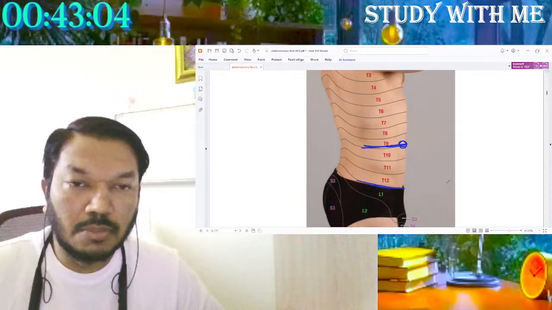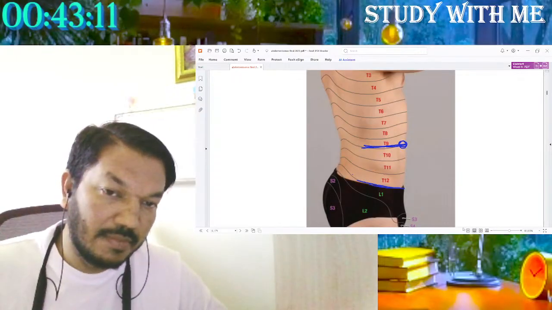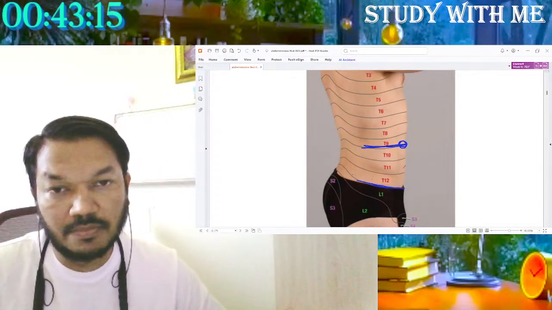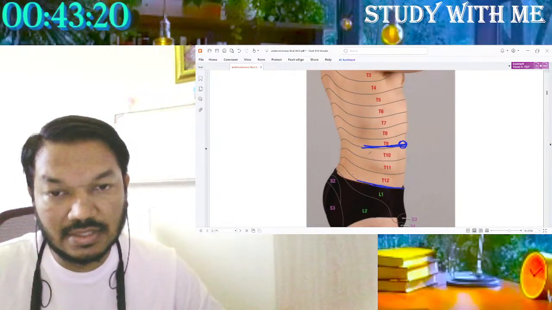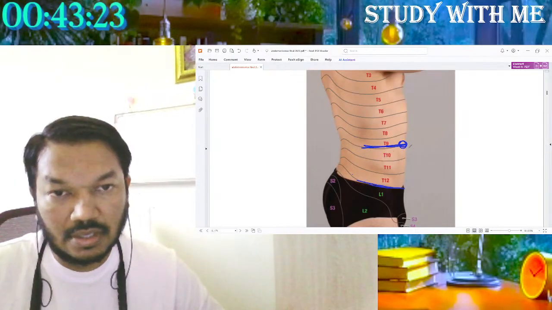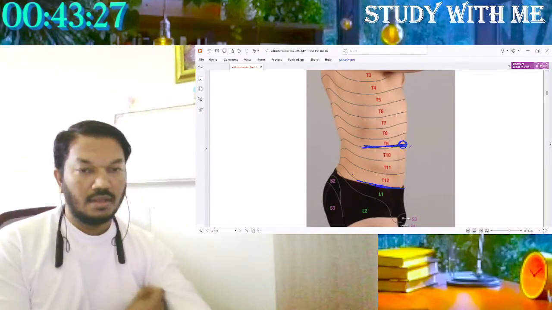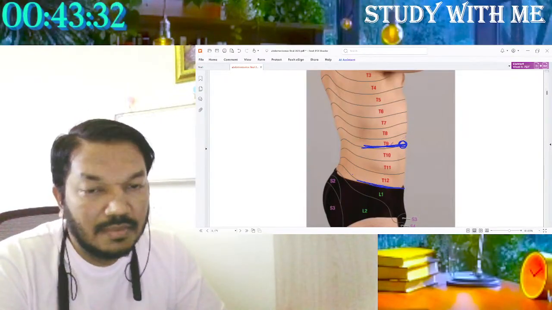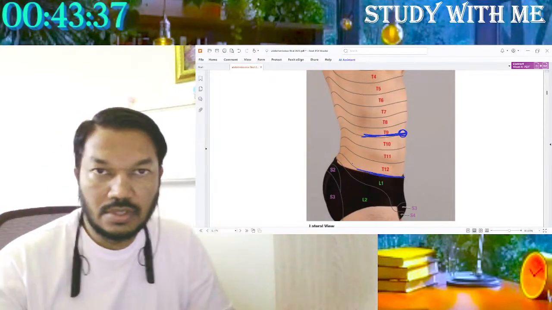So here we need to remember: umbilicus remains at thoracic 10, inguinal ligament at thoracic 12. These are the dermatome levels, not the vertebral levels. Umbilicus dermatome at the level of T10, inguinal ligament at the level of T12.